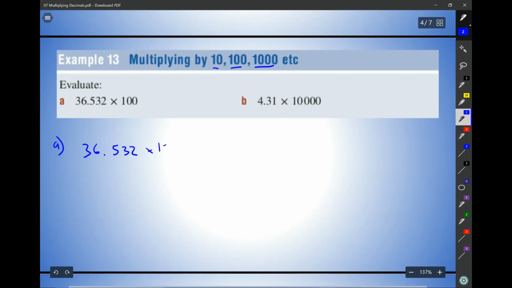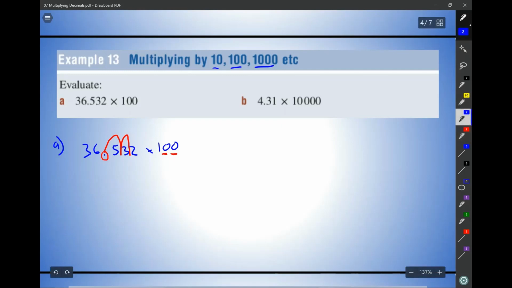36.532 times 100. Now all that needs to happen is you need to count the number of zeros you have here, and in this case there's 2, and then we need to take our decimal point and pick it up and move it by as many spaces as we have zeros.